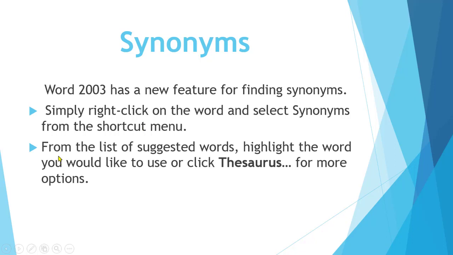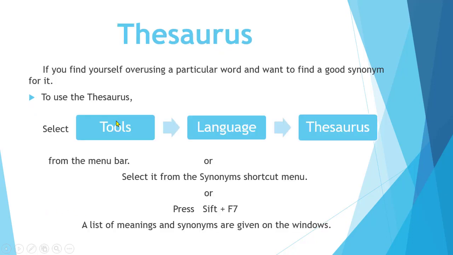Second method is from the list of suggested words, highlight the word you would like to use or click Thesaurus for more options. Yes, students, you can use Thesaurus for finding words and for finding synonyms in your document.